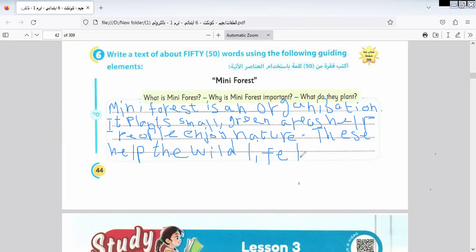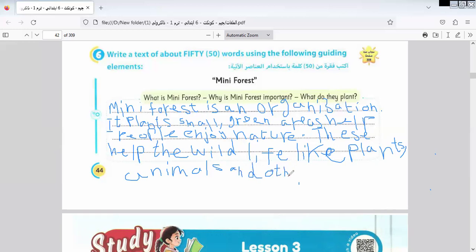Wildlife like plants, animals, and other living things.